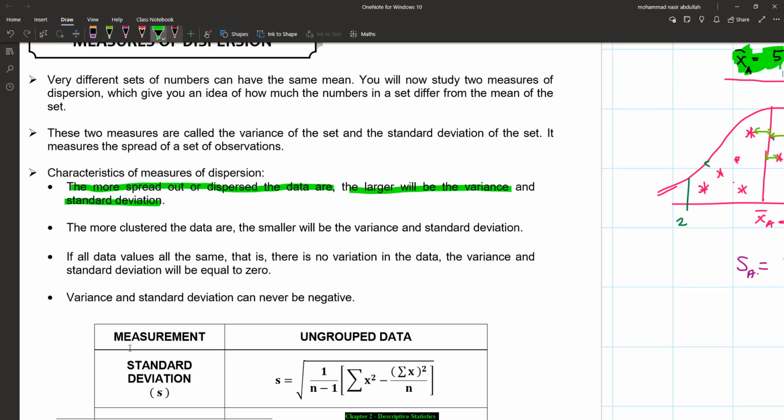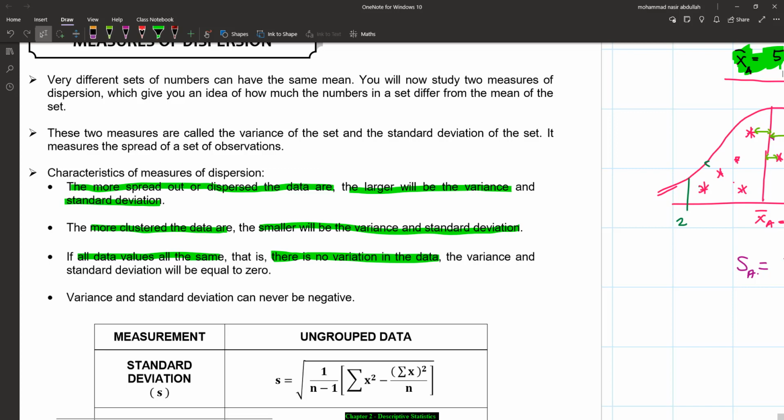So the more clustered data, maksudnya data tu lebih kecil, so the smaller the variance or standard deviation. So this is the concept lah. So if all data value are all the same, that is there are no variation in the data. So they might be suspicious lah kalau data tu tak ada variation.